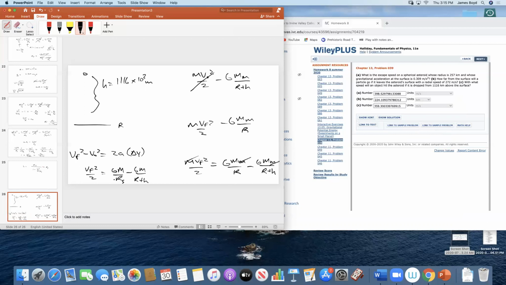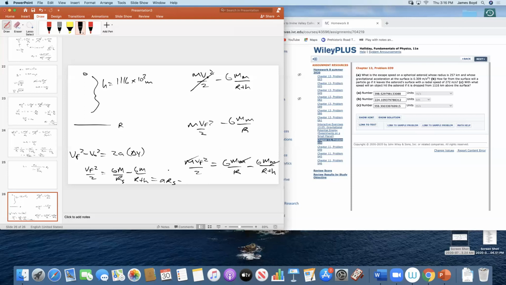If I plug in a is gm over r, ar is that, this becomes a r of the surface, and this one I would have to multiply through, dividing by gm over r, which is a r.